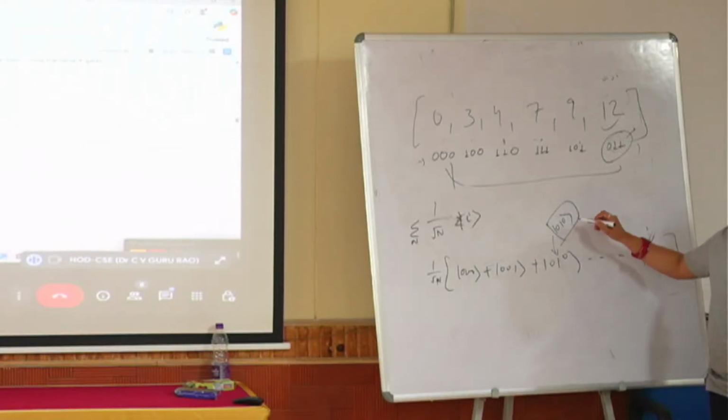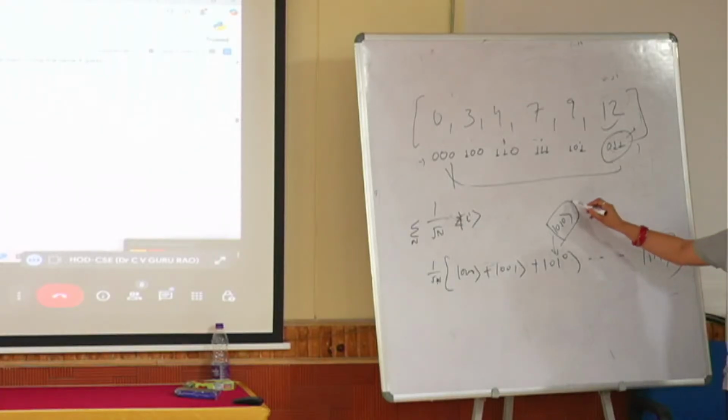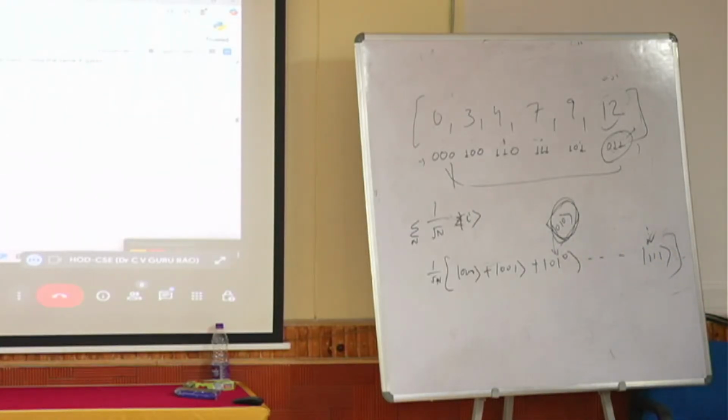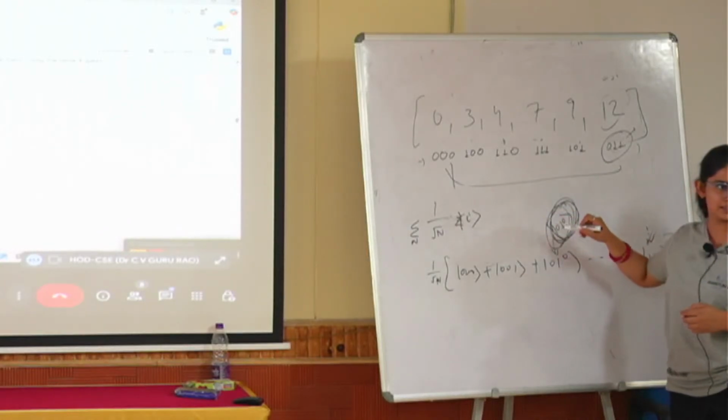So for this I have to somehow create my oracle in such a way that I am just telling it that this particular value I need. So what I can do is I need to mark this state. Okay. Aniket must have told you, I have to mark this state.